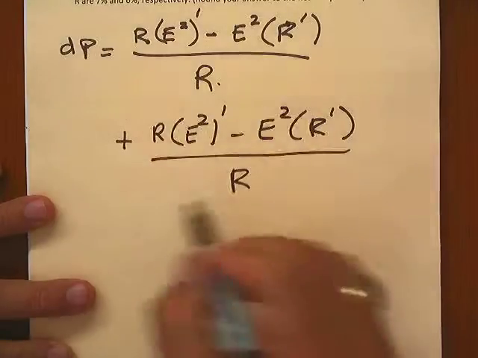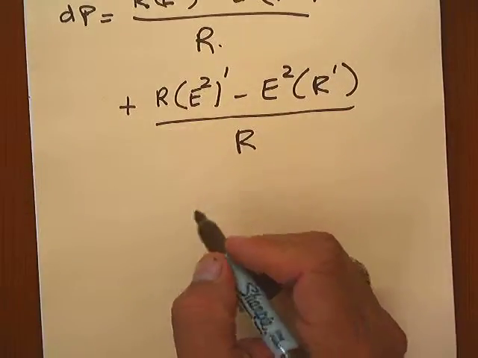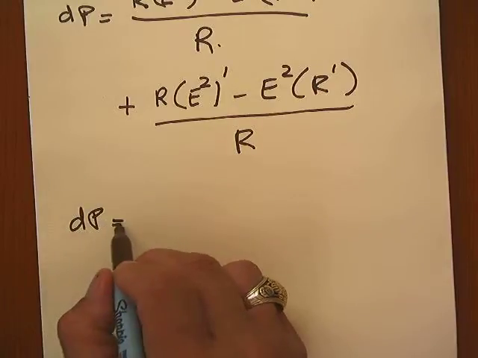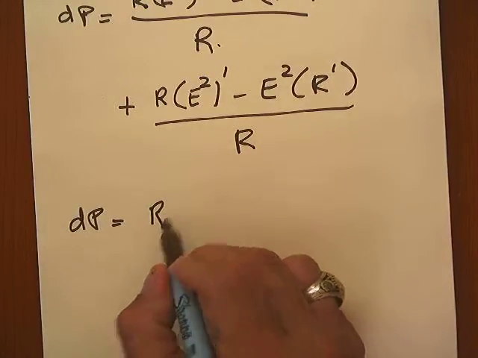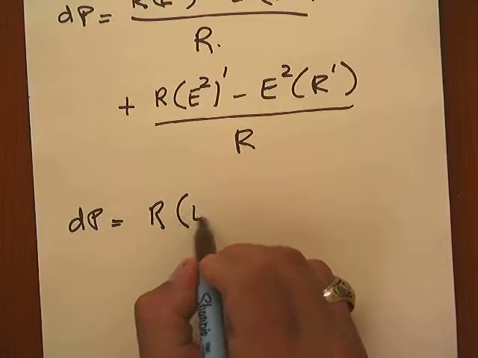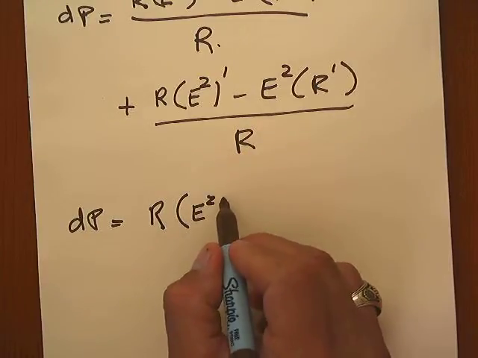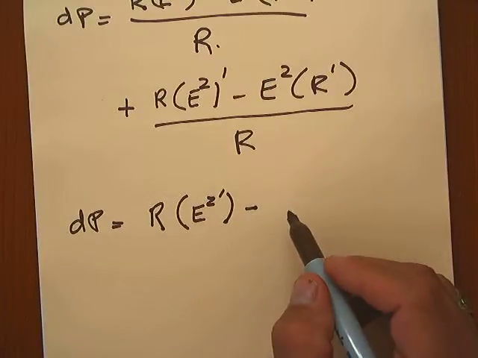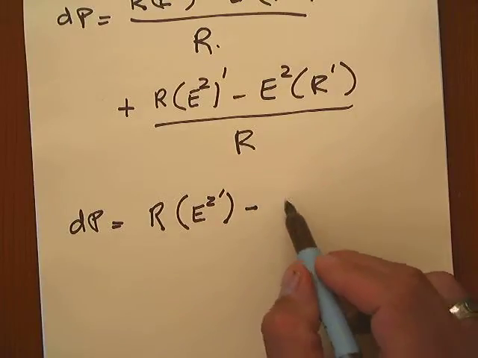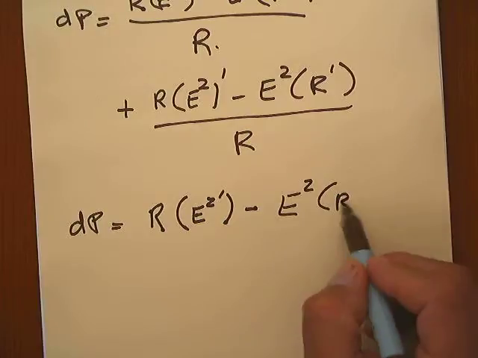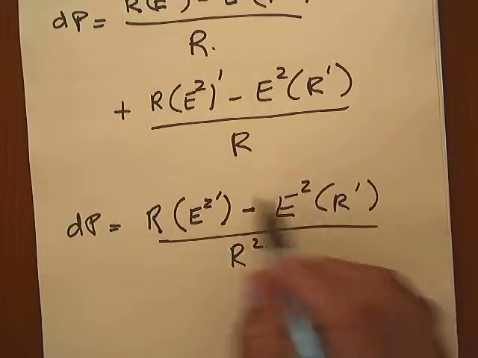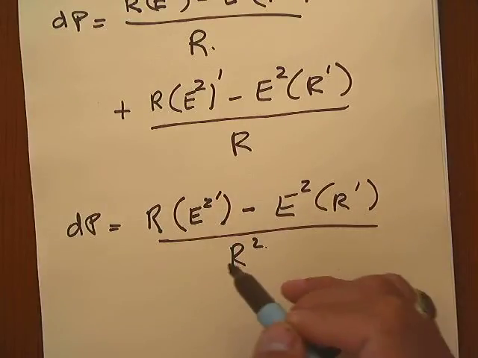And when you do the calculus, you're going to basically get dP is equal to R times E squared prime minus E squared R prime all over R squared. That's the second part. I forgot to write down the first part.